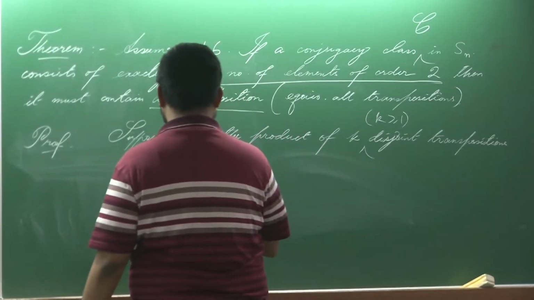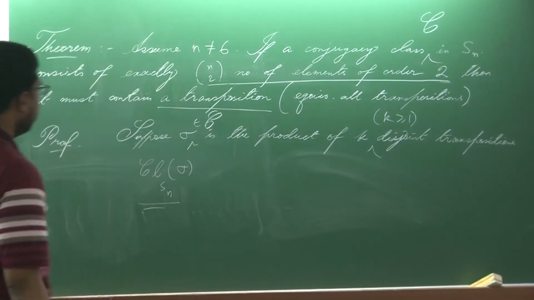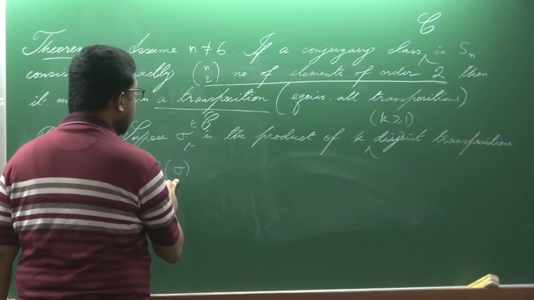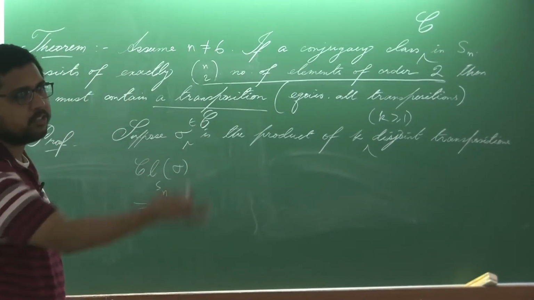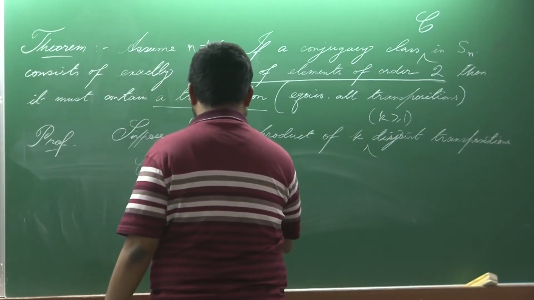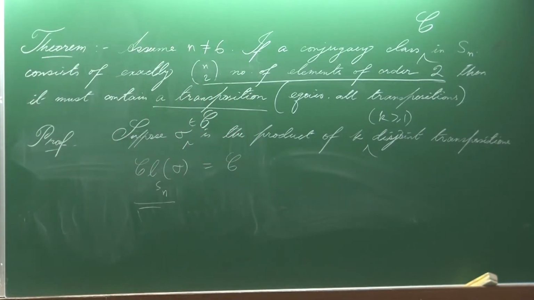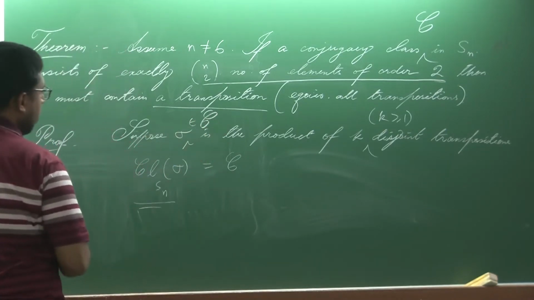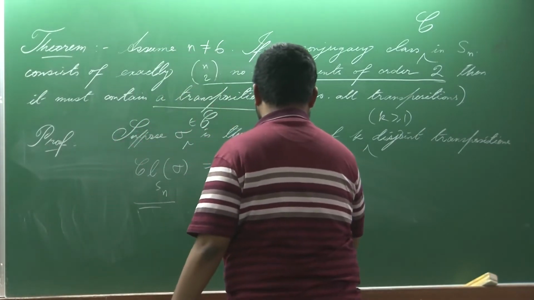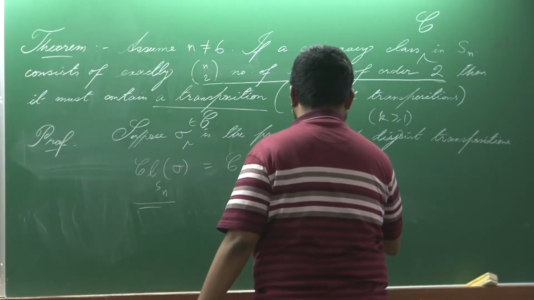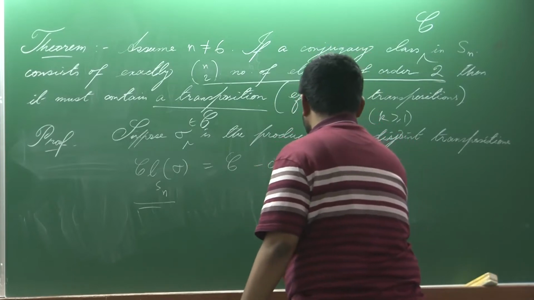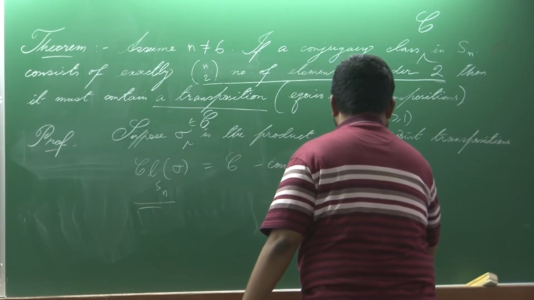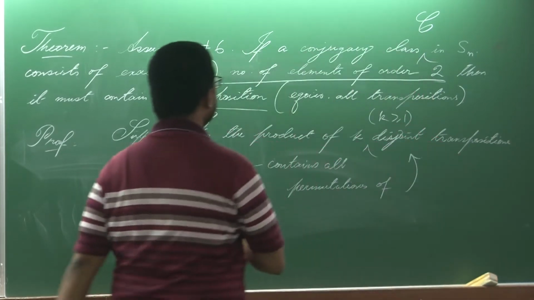So, we are trying to see that this is exactly C, because to begin with C was the conjugacy class of sigma. Therefore, C contains all permutations of the above type.